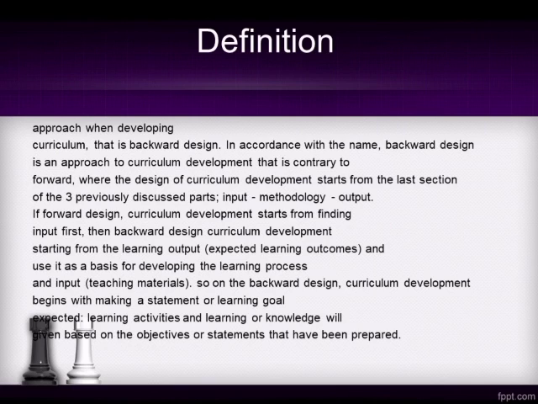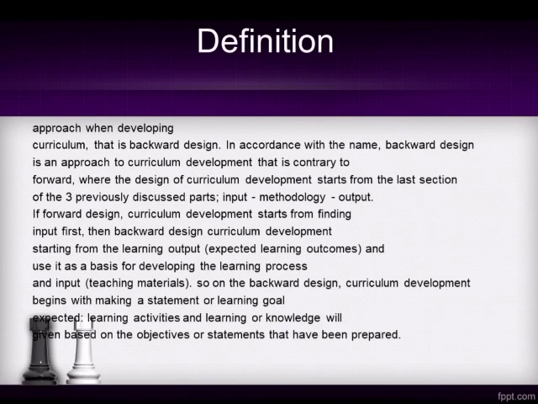A forward design curriculum development starts from finding input first, while backward design curriculum development starts from the learning output, expanded learning outcomes, and uses it as a basis for developing the learning process and input teaching material.